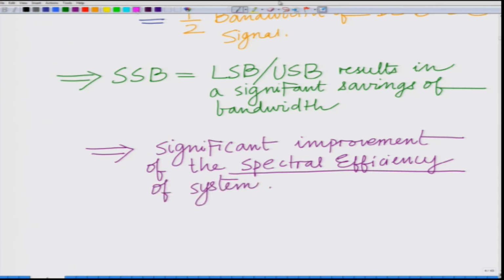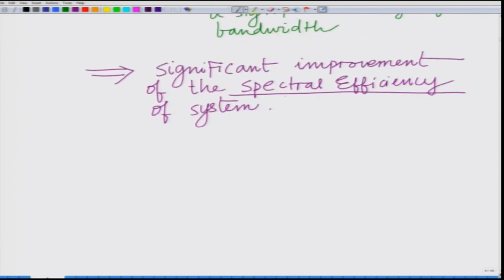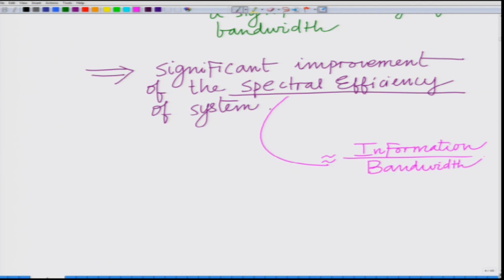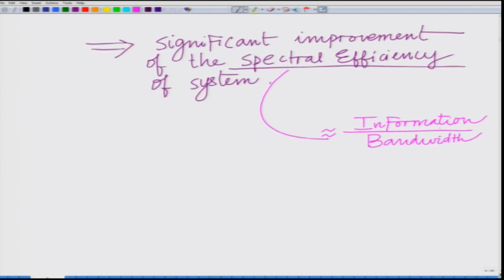Although we have not defined it precisely, you can see the spectral efficiency is approximately the information divided by the bandwidth. There is a precise way of characterizing the information by the entropy, but we are not looking at that. Information divided by the bandwidth.